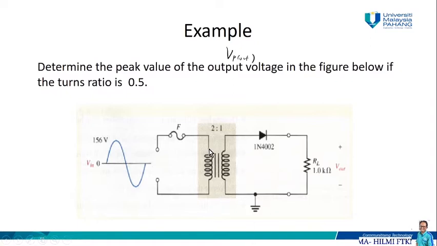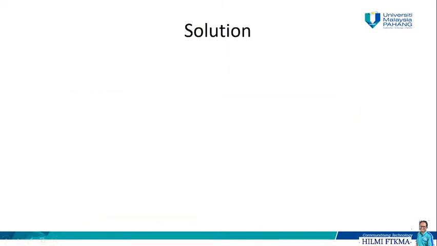This is the value of N, which is N secondary over N primary, or V secondary over V primary. We have the input voltage, which has a peak voltage of 156 volt. This is the Vp in, and we need to find the Vp out.